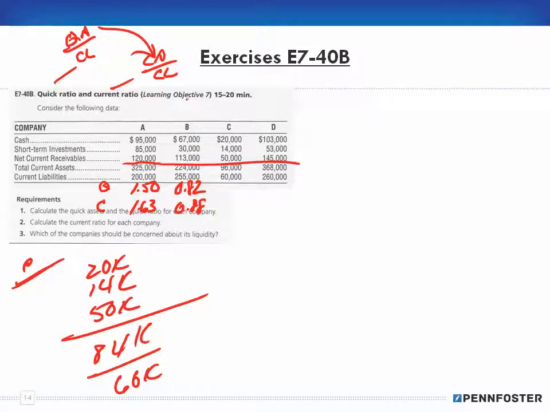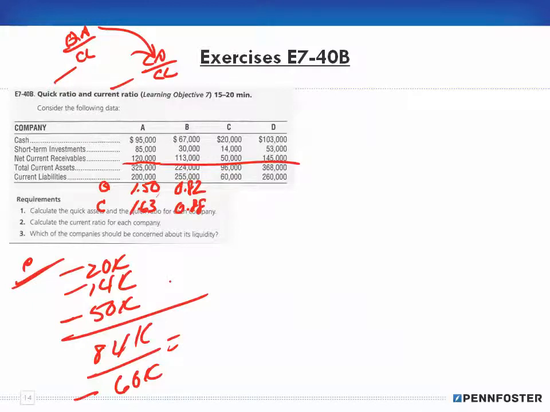What are my quick assets? It's my cash, my marketable securities, and my net current receivables. Then I divide that by my current liabilities, because that's the ratio. So treat each scenario as if it was the first time you're looking at it, and think it through. If all you're doing is writing down numbers and doing the math, then you're missing the point of the problem.